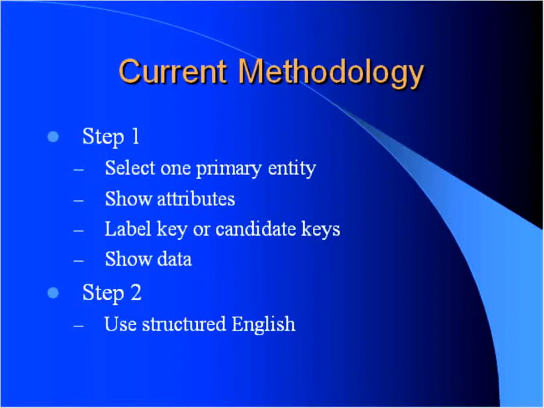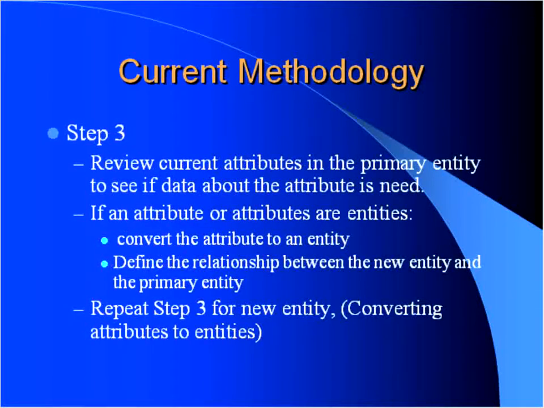So the methodology that we have developed so far is to select one primary entity, show its attributes, label the keys, show the data, which was all discussed in the last set of slides, and use structured English, which is also in the last set of slides. In this set of slides, where we're developing a second entity, we go to step 3, which is to review the current attributes in the primary entity to see if the data about an attribute needs to be stored.